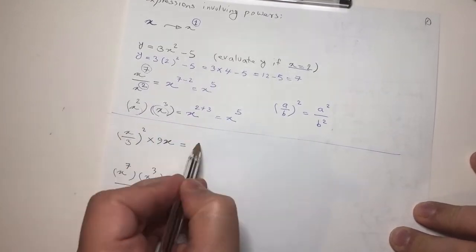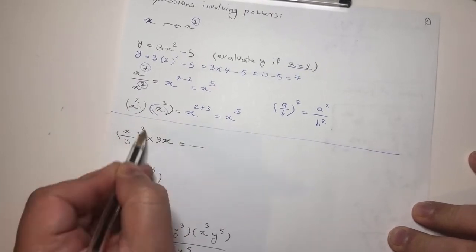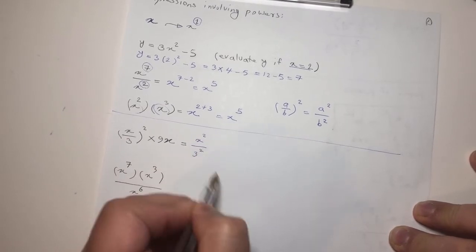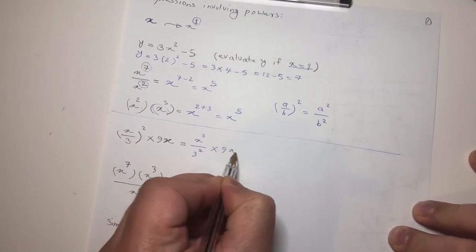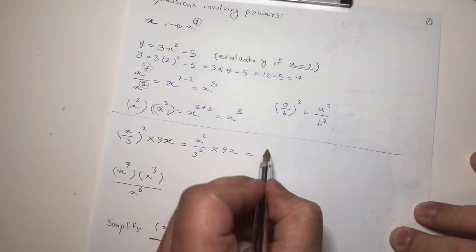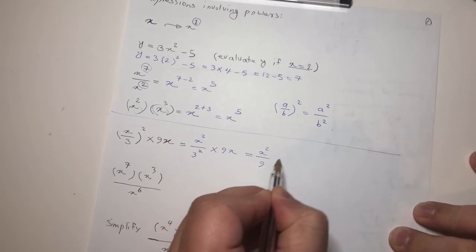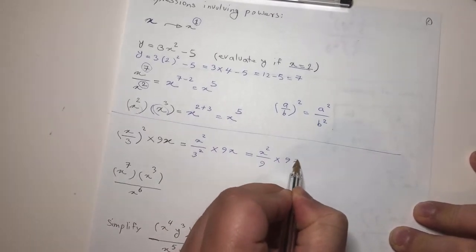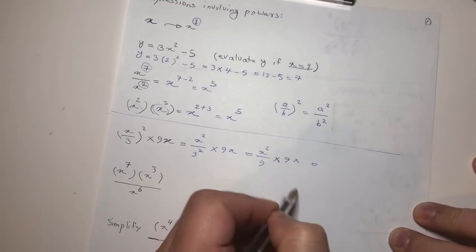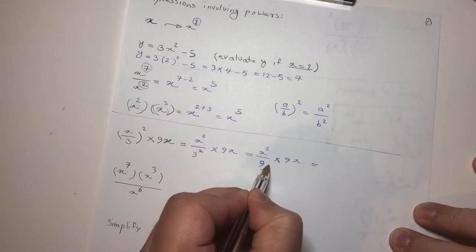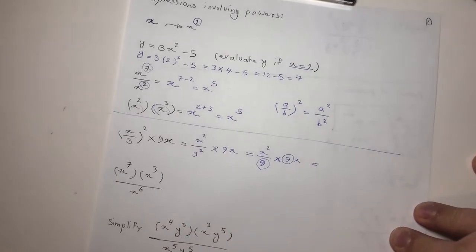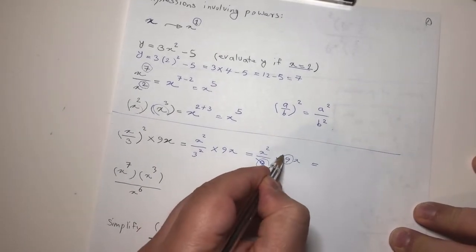So we can write the first parenthesis as x to the power of 2 divided by 3 to the power of 2, multiplied by 9x, right? So it would be x to the power of 2 over 9 multiplied by 9x. Since it is a multiplication, this number 9 is at the denominator, but this number 9 is at the numerator. So we can simplify these together.